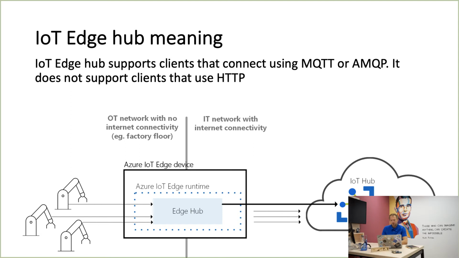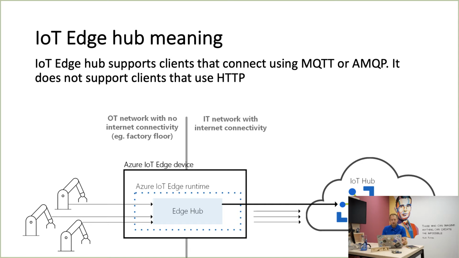Another important reason to use IoT Edge Hub is to reduce your network traffic, so that your IoT Edge solution uses only one physical connection between IoT Edge Hub and the IoT Hub, and all communication between different modules goes through this one physical connection.